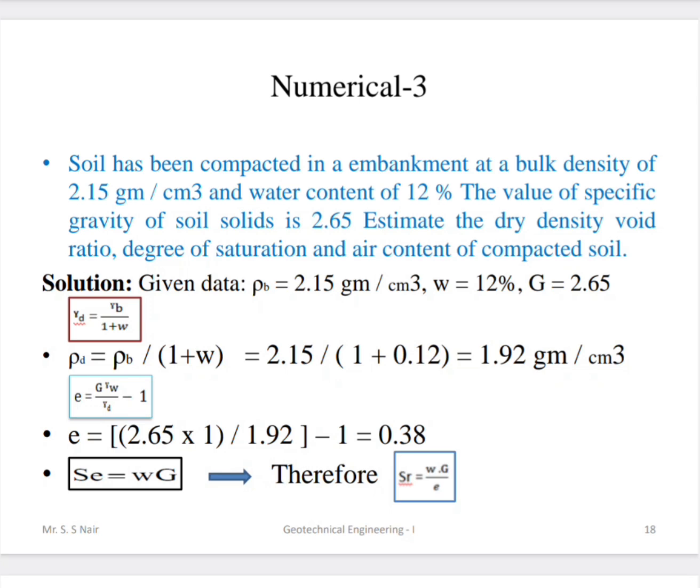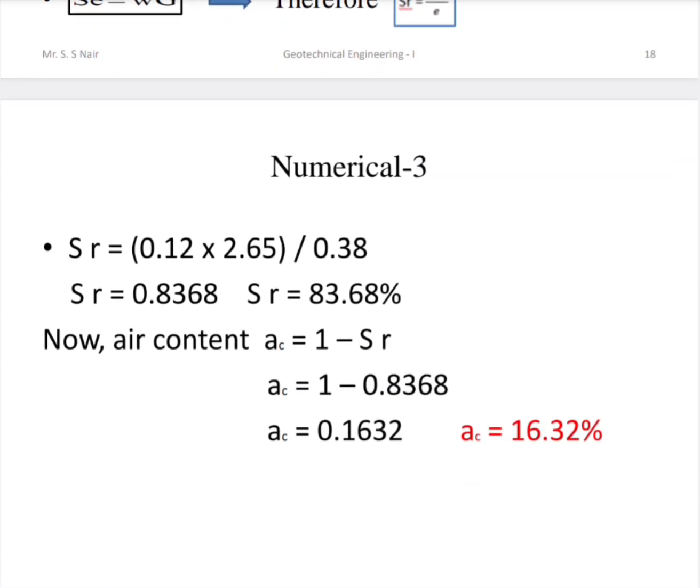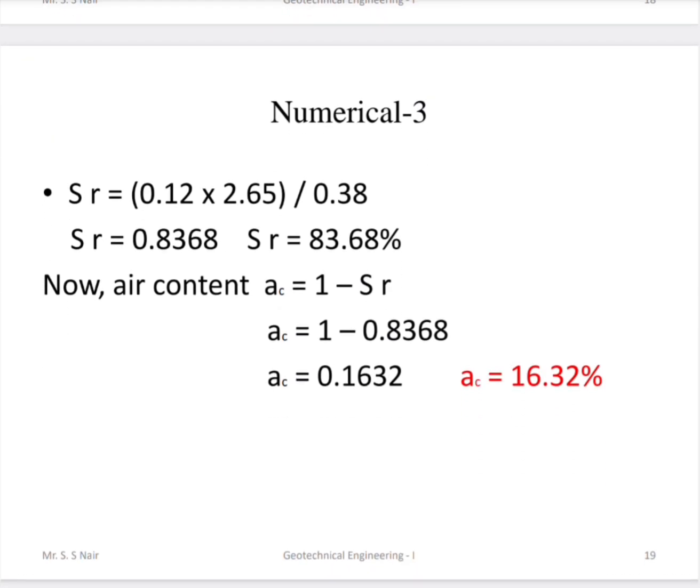Using the above equation, we will have the void ratio formula, that is G gamma W divided by gamma D, minus 1. So using the void ratio, we also will get the degree of saturation, S R, that is moisture content into specific gravity divided by void ratio. Then directly we will be getting the air content also, that is 1 minus degree of saturation.